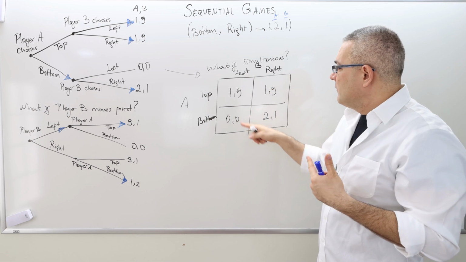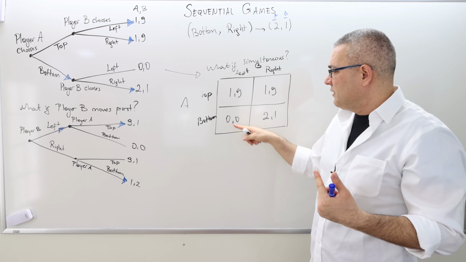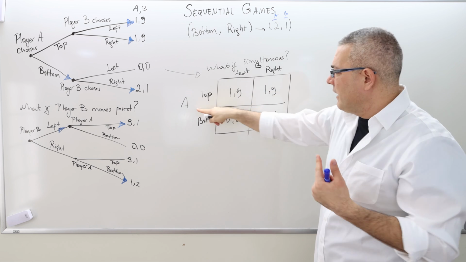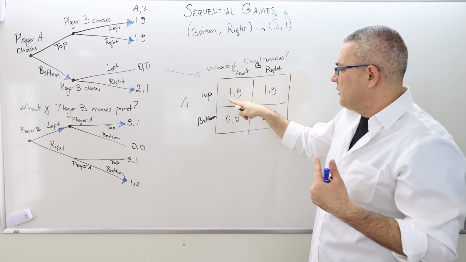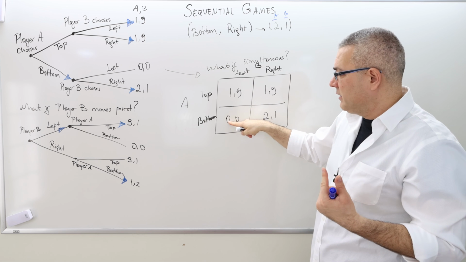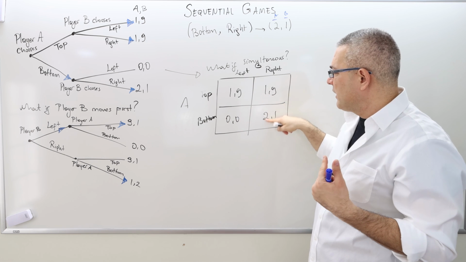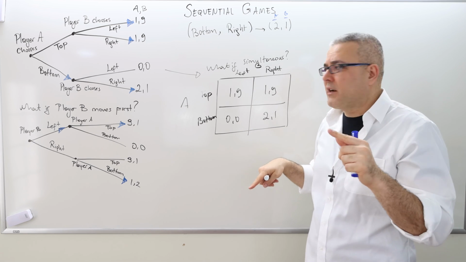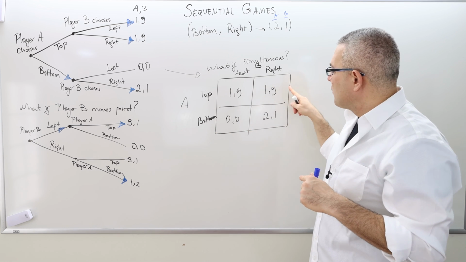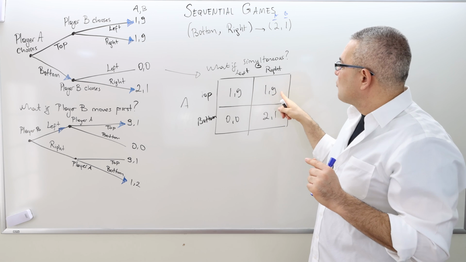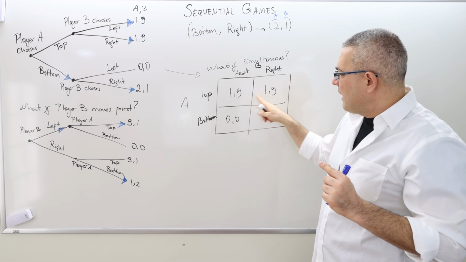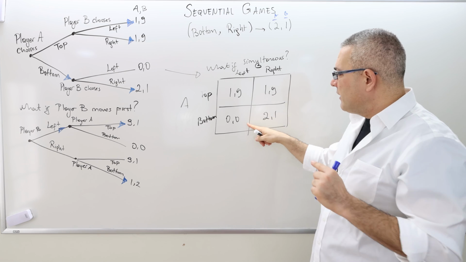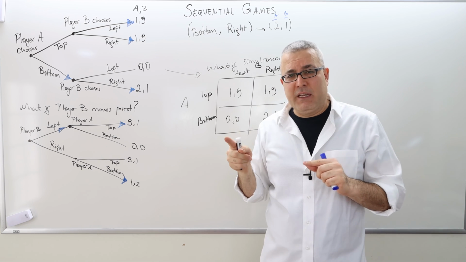So, let's check the dominant strategy equilibrium. Player A has no dominant strategy because top is sometimes better than bottom, but sometimes bottom is better than top. So there is no strategy that's always better for player A. And for player B, right is sometimes the same, sometimes better, but this is not dominance, okay?